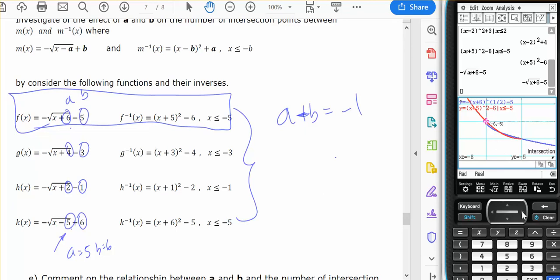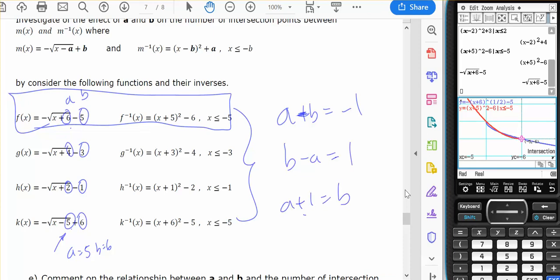One there, one there, one there. So when a minus b equals negative 1, or you could say b minus a equals 1, or a plus 1 equals b, take your pick. Therefore, 3 intersection points exist.